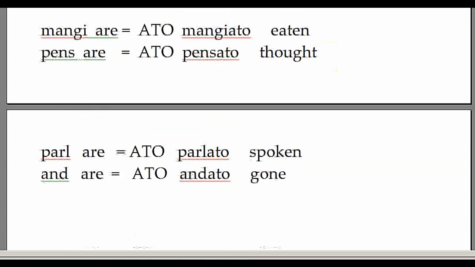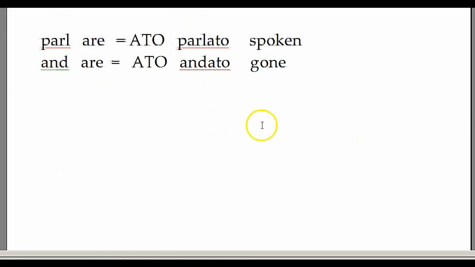So this is the meaning of the participio passato. The rule for are is that the ending for the infinitive are changes to ato. Now, let's take the second conjugation, and the second conjugation is ere.